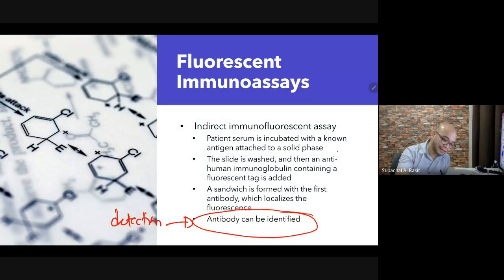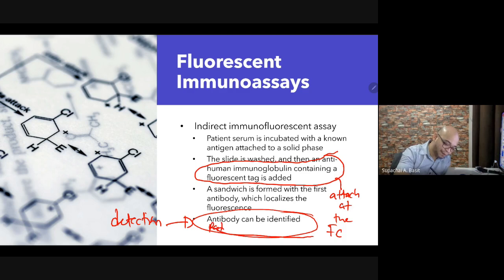So again, the anti-human immunoglobulin will attach at the Fc portion of patient's antibody. Okay.